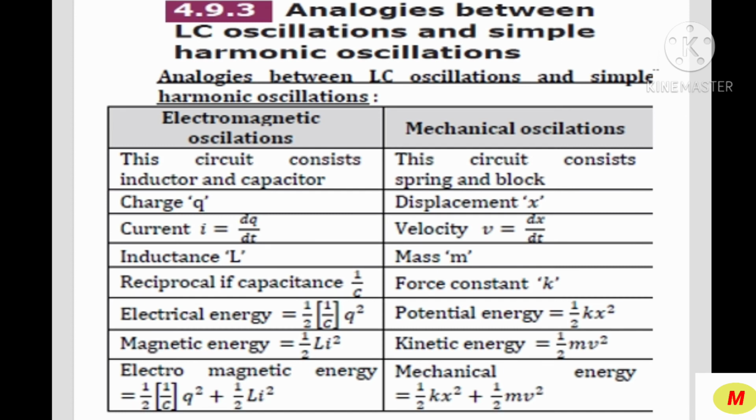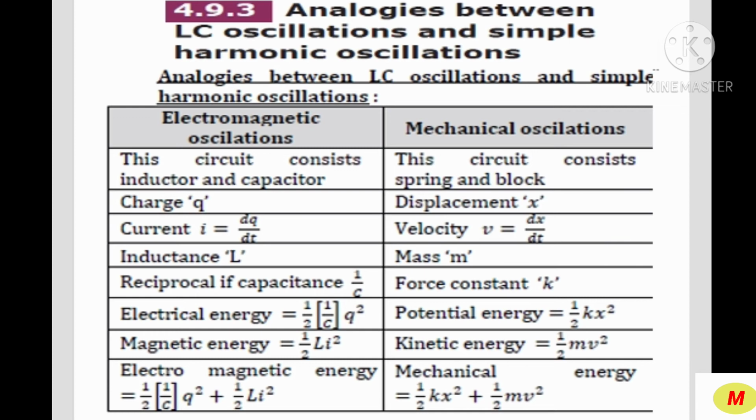Next one is about analogies between the LC oscillations and the simple harmonic oscillations. In the case of electromagnetic oscillations, the circuit consists of inductor and capacitor. In the case of mechanical oscillations, the system consists of spring and block. In the case of electromagnetic oscillations, the charge is taken as small q. In the case of mechanical oscillations, displacement is considered as small x.